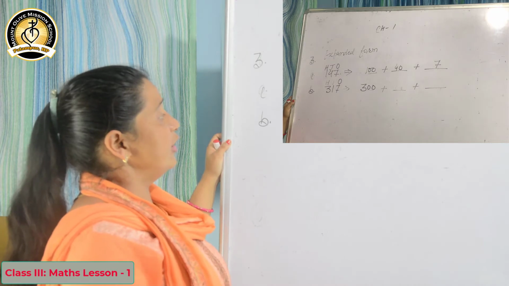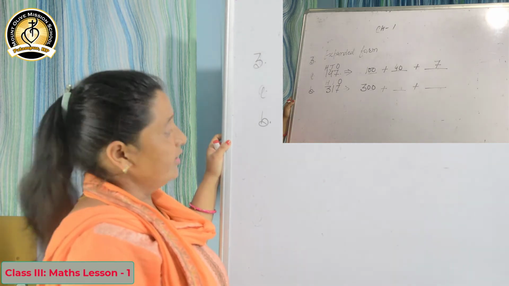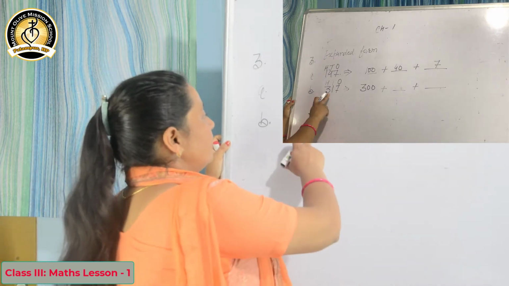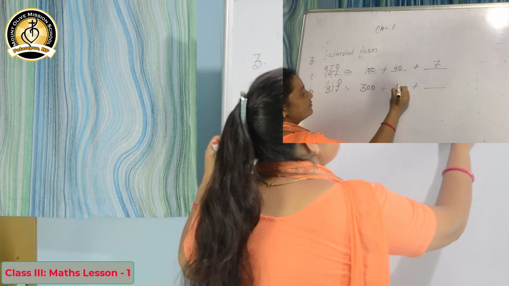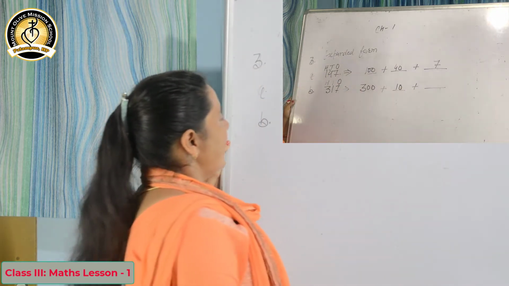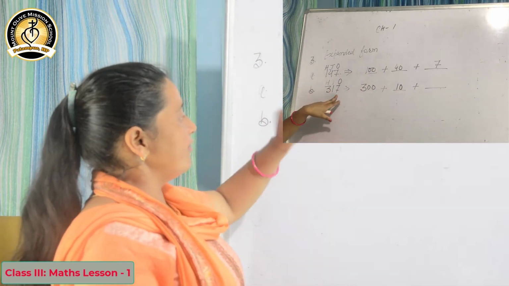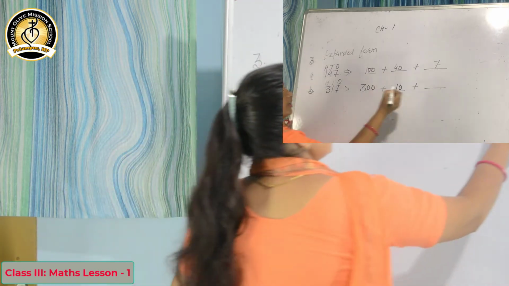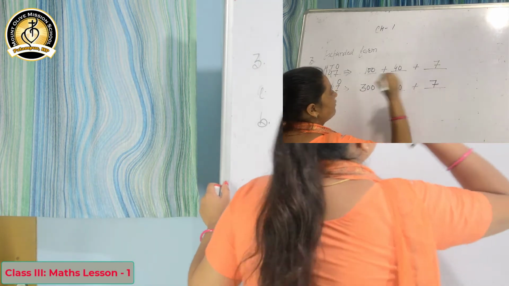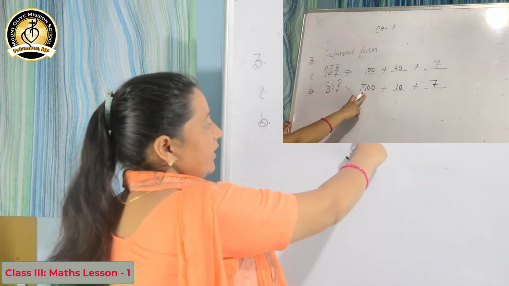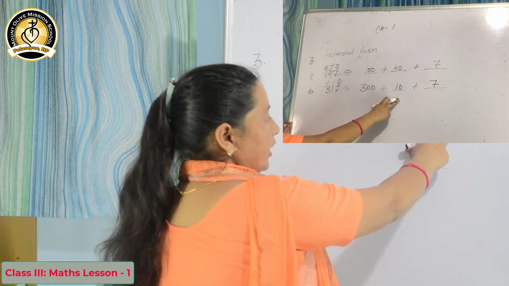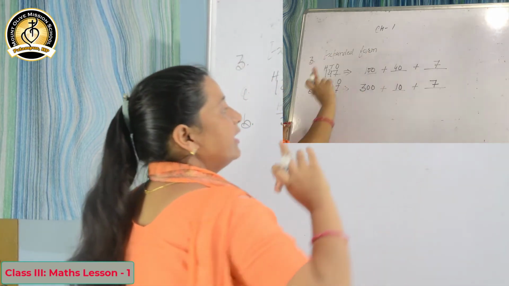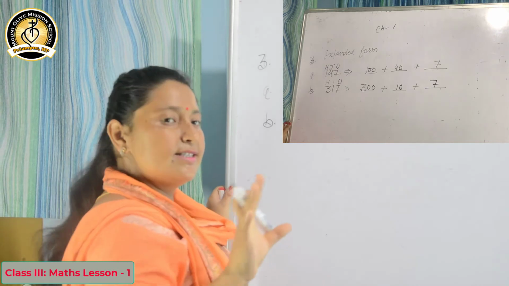Next, what is the place value of 1? Tens. Tens means 10. And what is the place value of 7? Ones, so write 7. So 300 plus 10 plus 7 is 317.